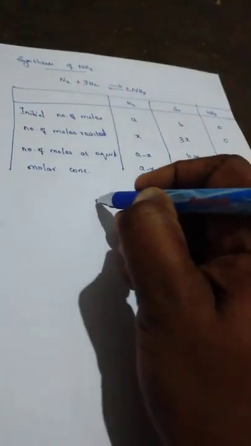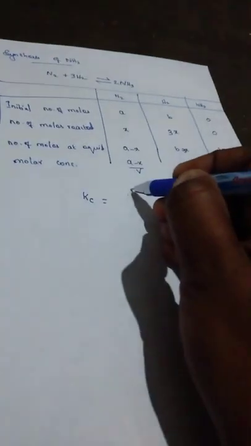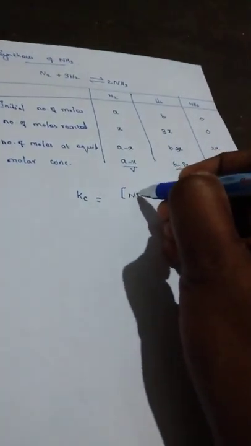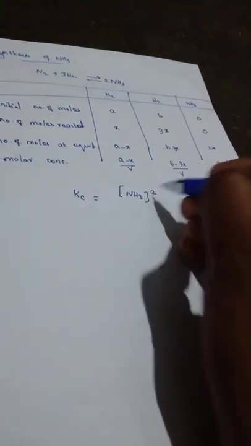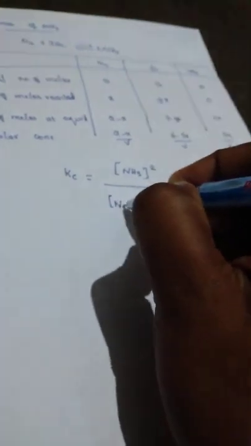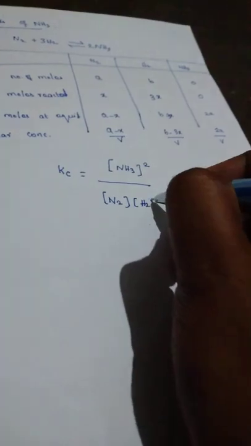So now listen. From the equation you can write the Kc formula. Can you tell the formula for Kc? Kc is equal to the concentration of product NH3 to the power 2, divided by the concentration of N2 into the concentration of H2 to the power 3.